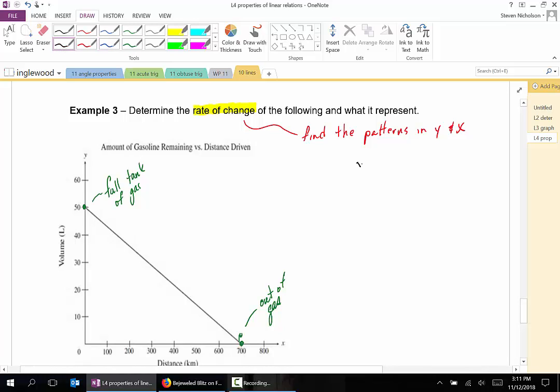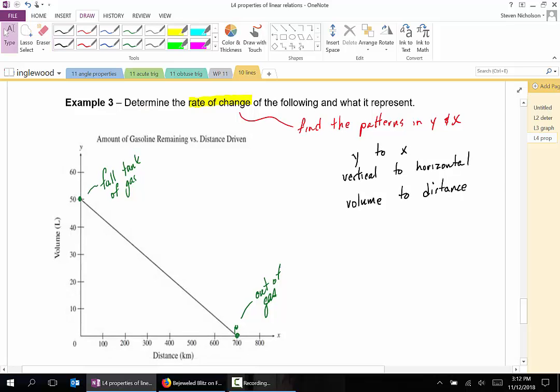What we want is y to x. Well, we don't have a table of values here. We could make one. But if we think of y as the vertical axis, we're going to compare y to x, vertical to horizontal. And in this case, we're going to consider volume to distance.